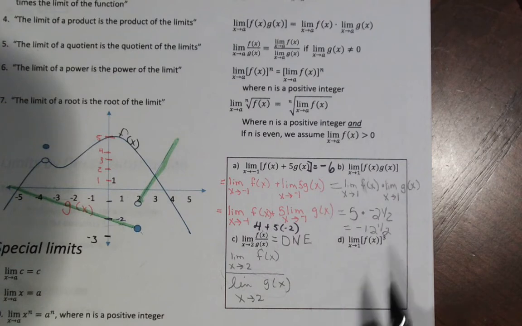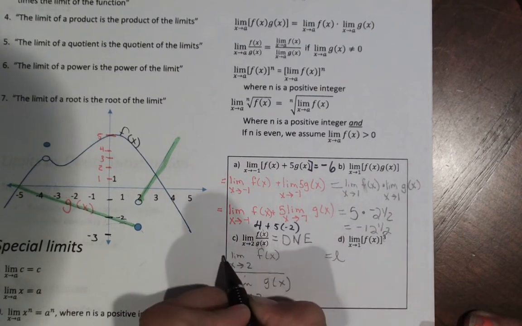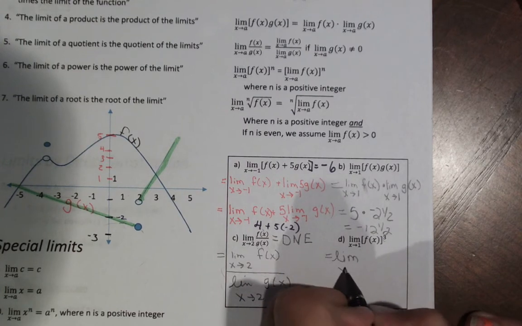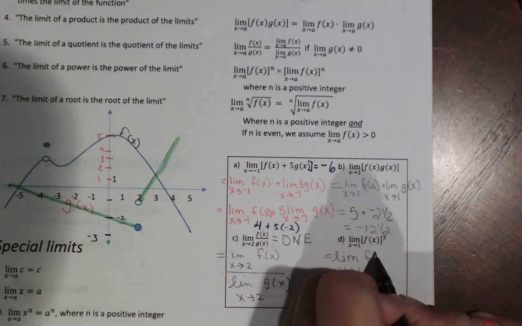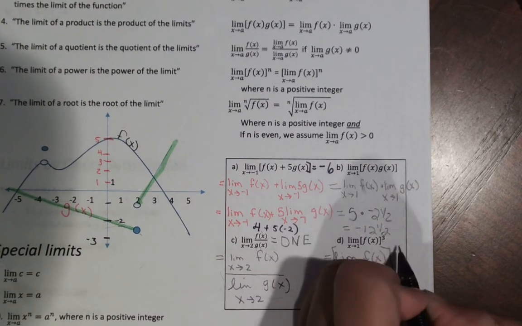On D, we're looking at the limit as x approaches 1 of f of x cubed. Okay, so that one is saying limit law number 6, the limit of a power is the power of the limits. So I could say this is equivalent, make sure we're using our equal signs, to the limit as x approaches 1 of f of x, and then I'm cubing that whole piece.